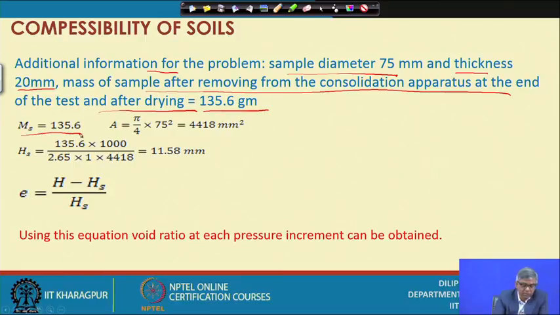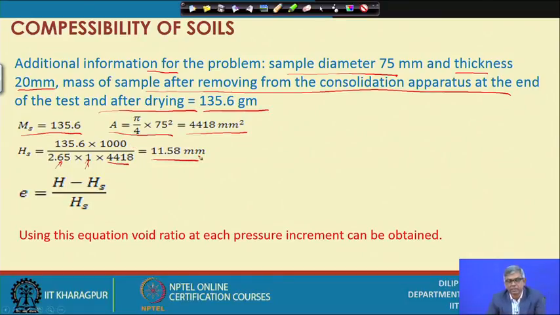So MS becomes 135.6, and the area is pi by 4 into 75 square millimeter. So HS becomes MS divided by rho W, 2.65, and the area; if you want to convert into millimeter, you multiply by 1000.